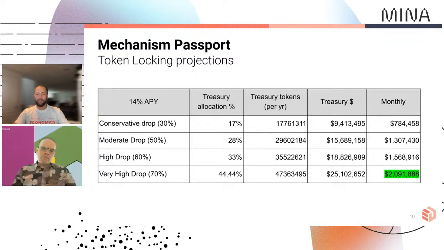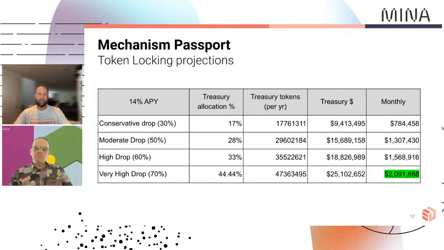The objective of the Mina Foundation is to sustain something in the $2 million per month to help the current protocol builders really focus on the ecosystem growth and develop the next ZK apps and help take the Mina Protocol to the next level.